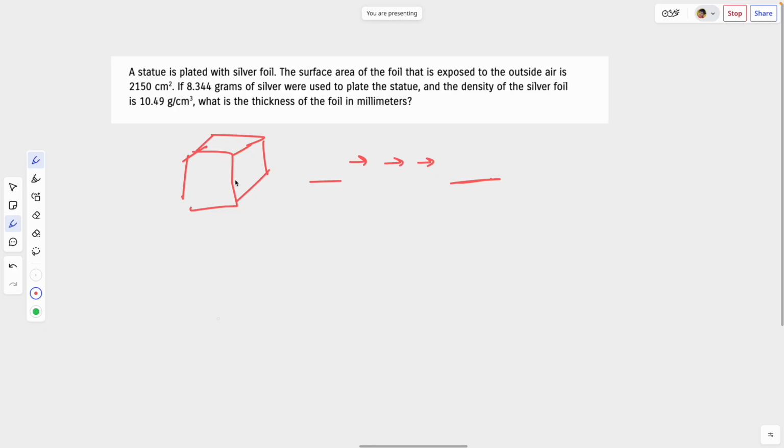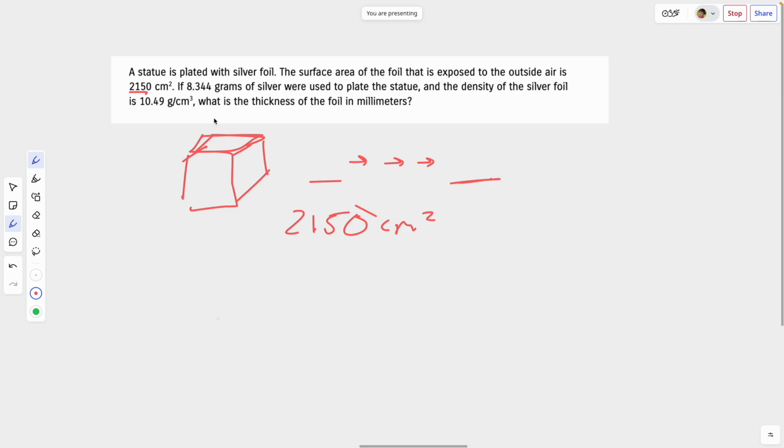So we're given the surface area of the silver foil on this statue. We have a statue here, but silver foil is only plated on the outside of it. So the surface area of that foil is this number right here, 2,150 centimeters cubed, and it says that if 8.344 grams of silver were used, and we're given the density as well.